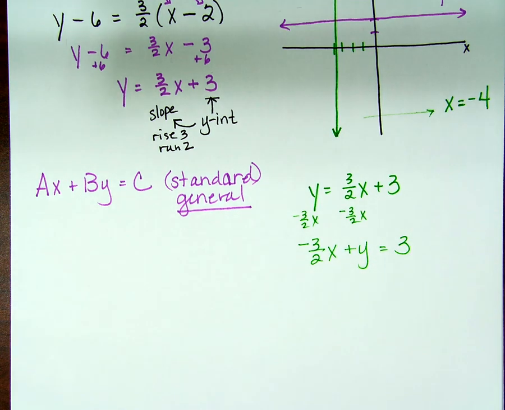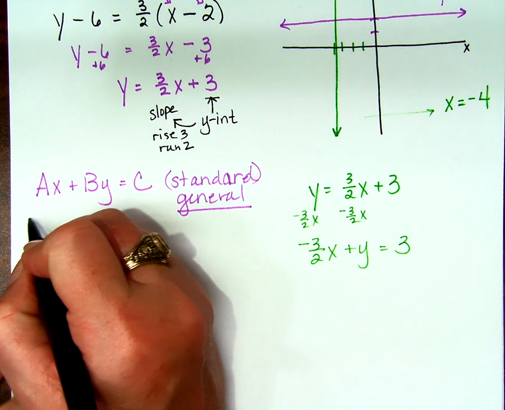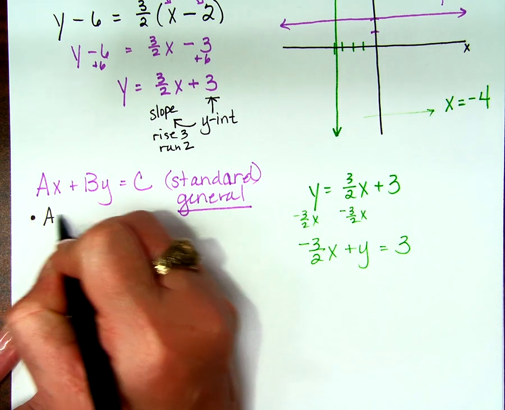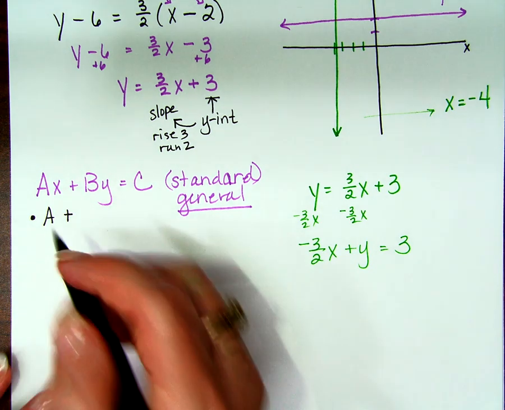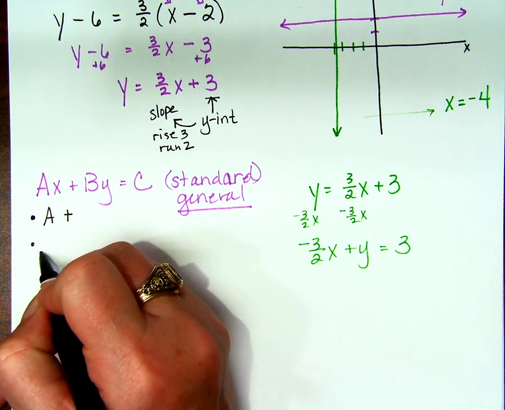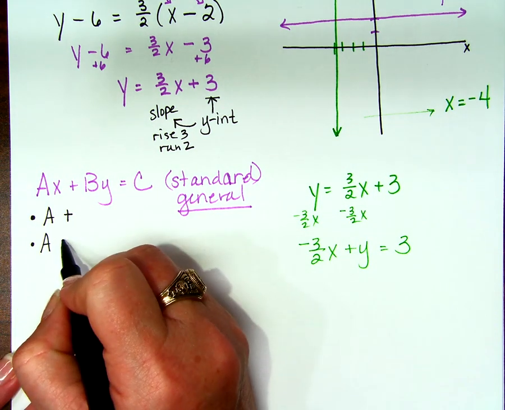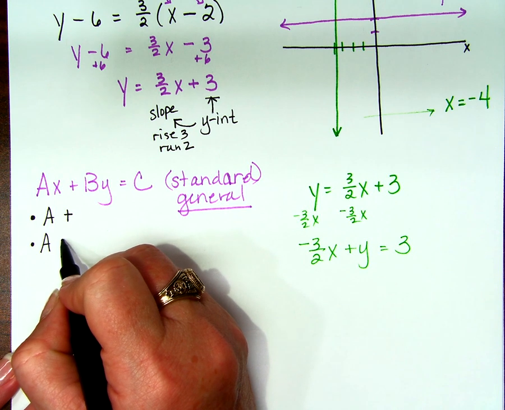And you would think that's kind of close, right? But you need to remember a couple rules here. Okay? A has to be positive. And A has to be not a fraction.